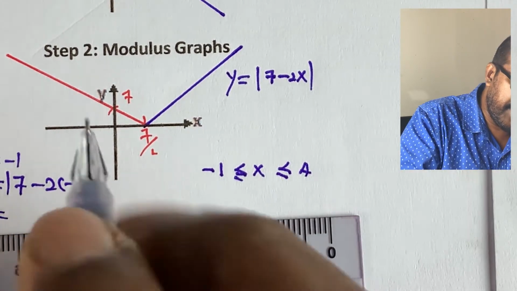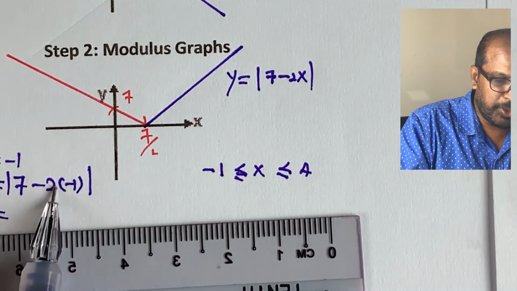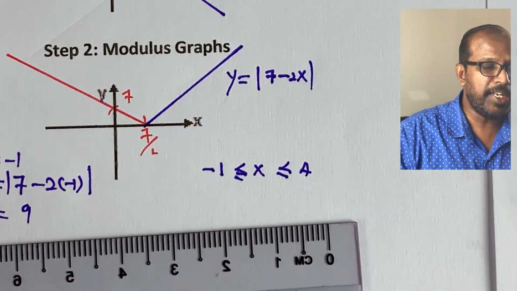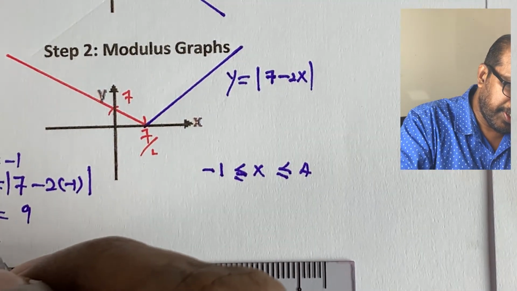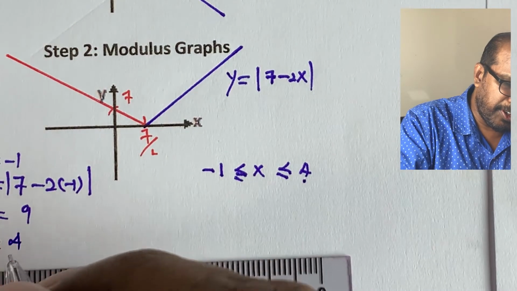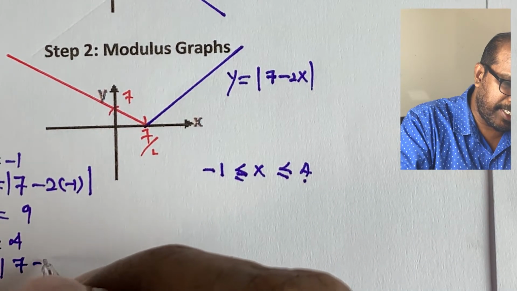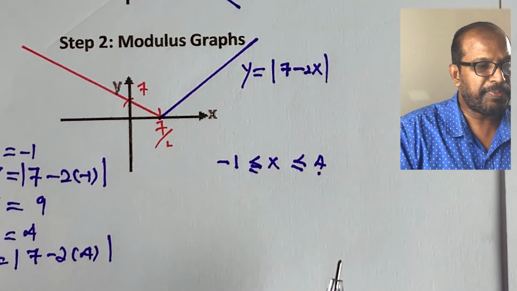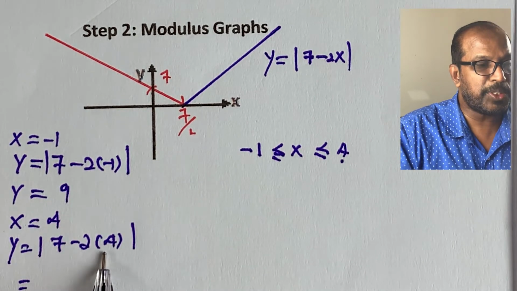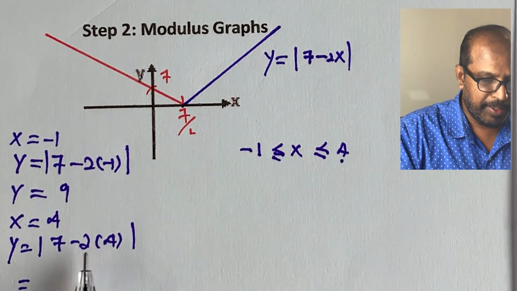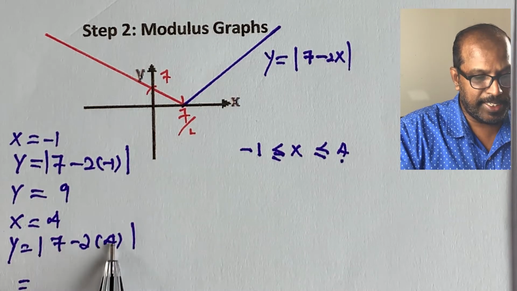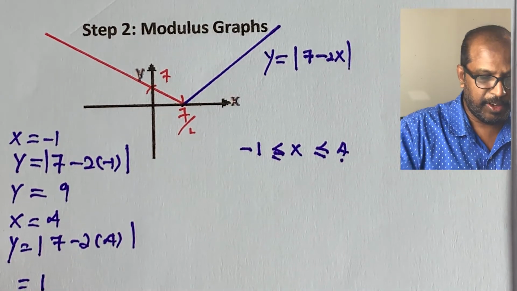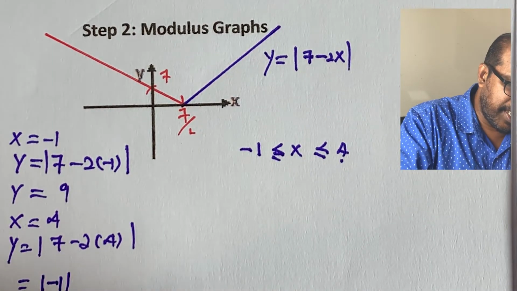This gives me -2 times -1 is 2, plus 7 is 9, modulus 9 is 9. So y equals 9 when x equals -1. When x equals 4, y equals modulus of 7 minus 2 times 4. Look carefully, 2 times 4 is 8, so 7 minus 8 is -1. The modulus of -1 is 1.